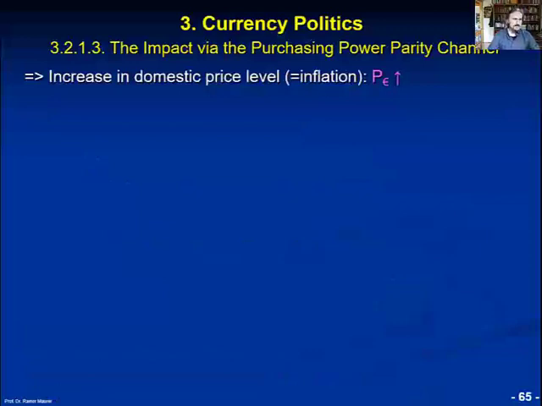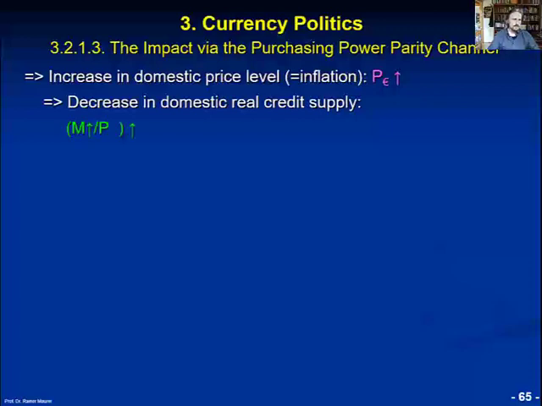This increase in the domestic price level now causes a decrease in the domestic real credit supply. Initially, credit supply was increased by the central bank that offered more money, but now we have this increase of the domestic price level, which appears as a denominator of this fraction, so the fraction will get smaller again.